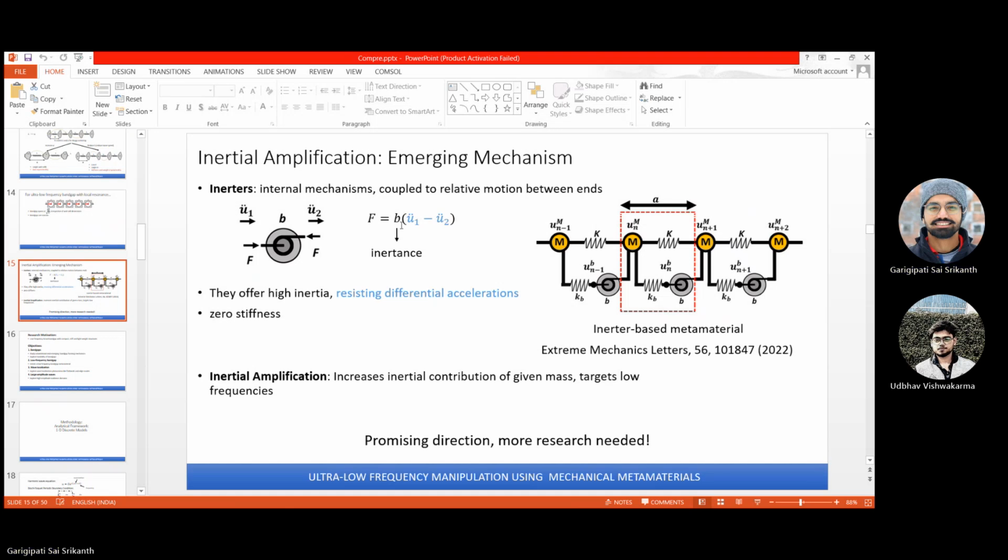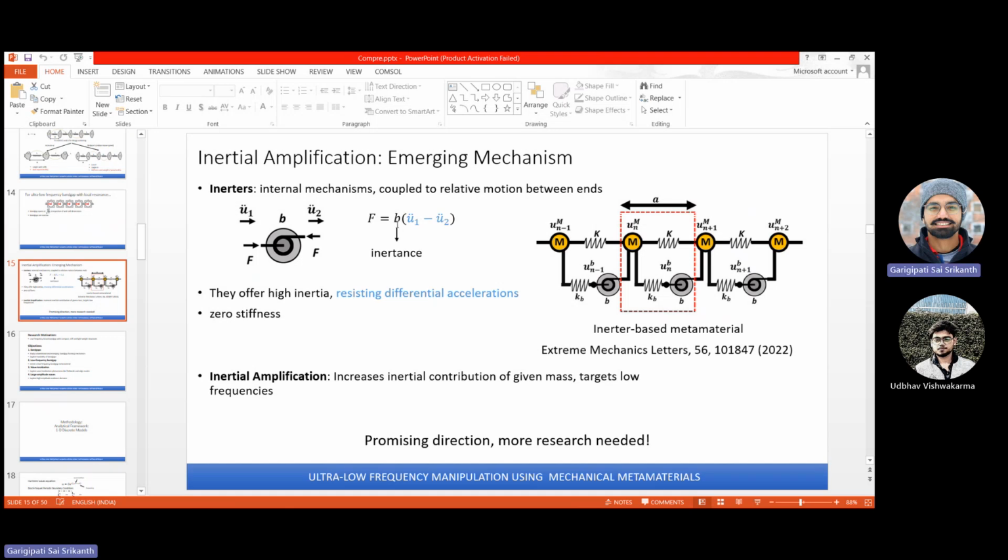So the inertia is stored when there is differential acceleration across its ends. It's still obeying Newton's laws. It's just written in a different way, and whatever is inside is a black box. So from the outside perspective, this is what happens.